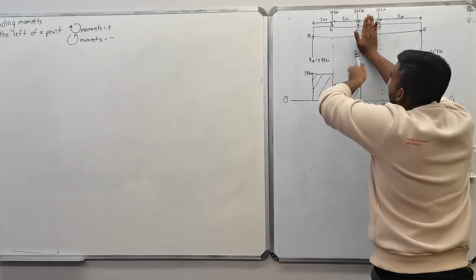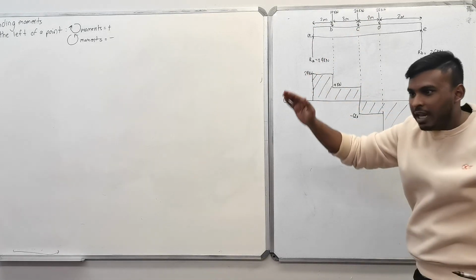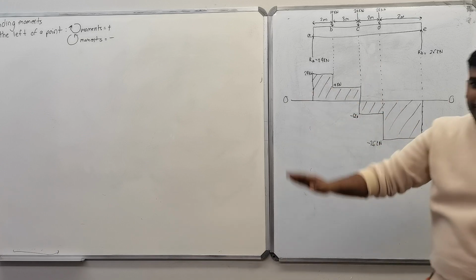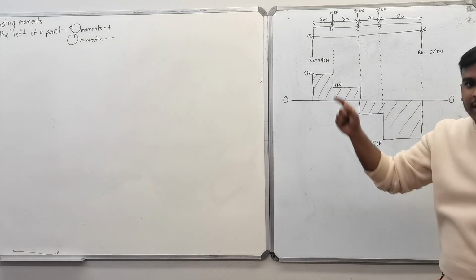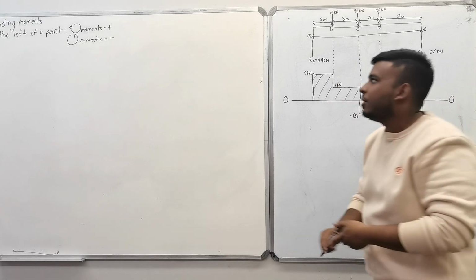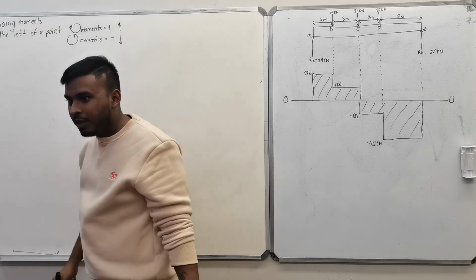For this to be moved in an anti-clockwise direction, it needs to be pushed downwards. So to keep the calculation consistent and not to confuse yourself, take to the left of every point. That will instantly mean that you take clockwise as positive, anti-clockwise as negative. Your upwards forces will become positive, your downwards forces will become negative.